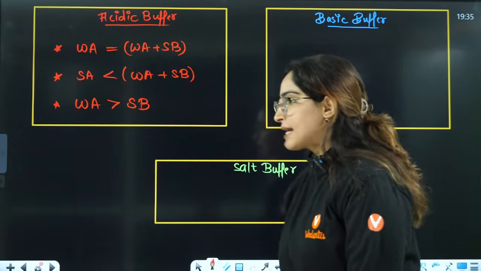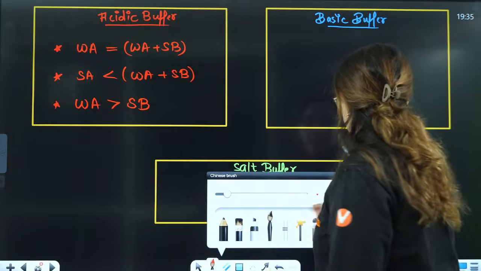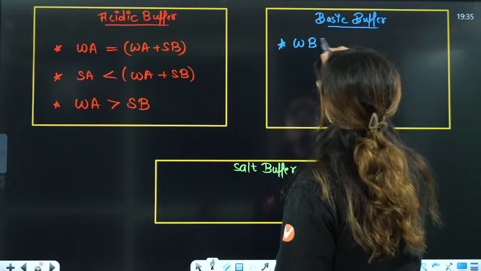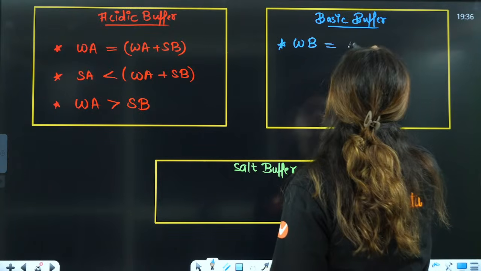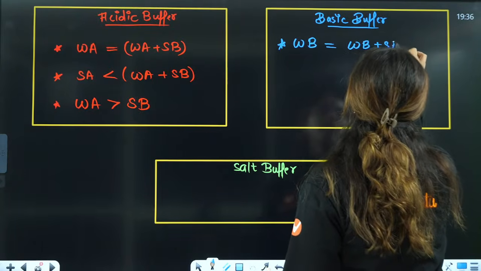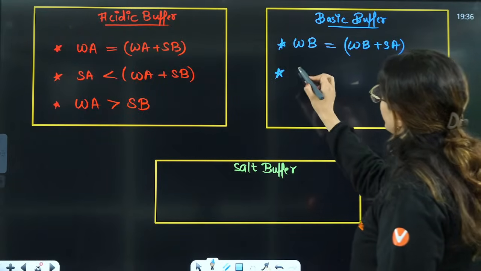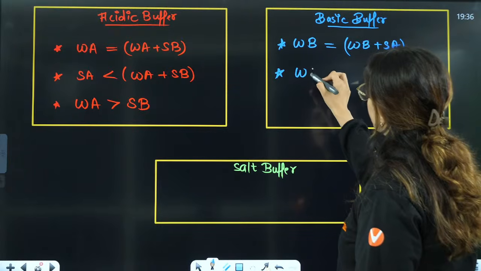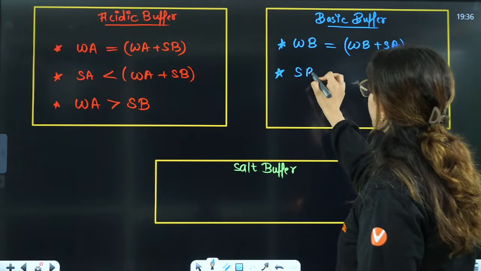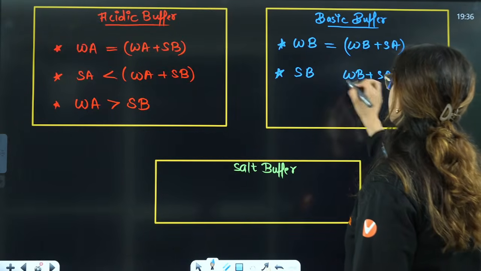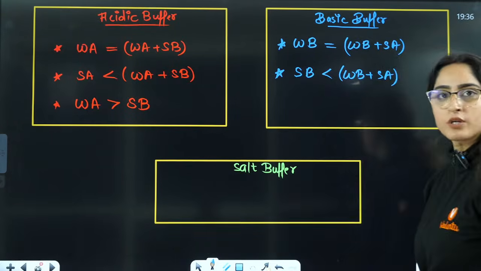Similarly, we will remember for this one, that is, you have weak base equals weak base plus strong acid salt, right? Second is, you will have not weak base, strong base. Here weak base plus strong acid, but here the number of moles of salt will be more, right?